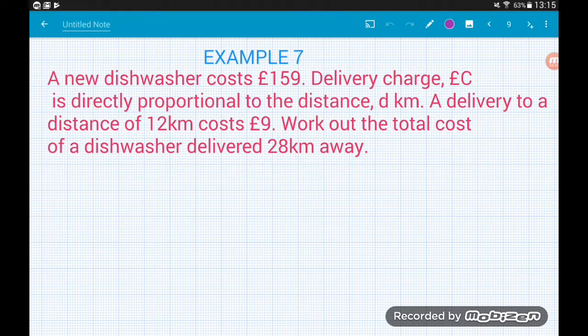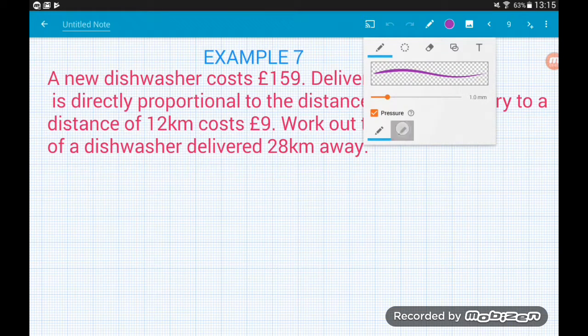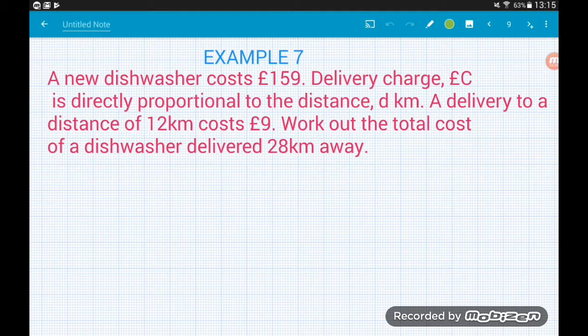Okay, so this is quite big and chunky. What do we need to work out? Well, we know how much the dishwasher costs. It's £159. So let's highlight that. We're going to need that at the end, but we're not going to worry about it now. Now we know that delivery charge, C, is directly proportional to the distance, d kilometres.